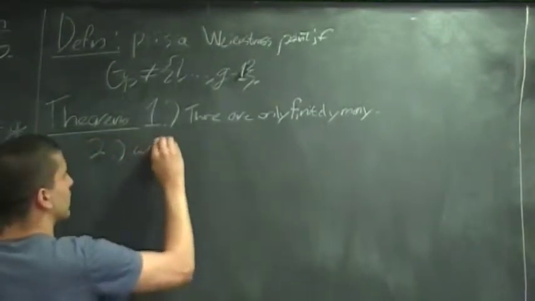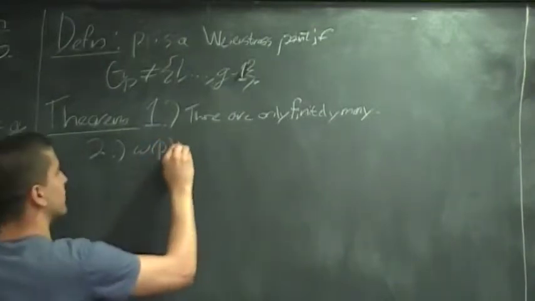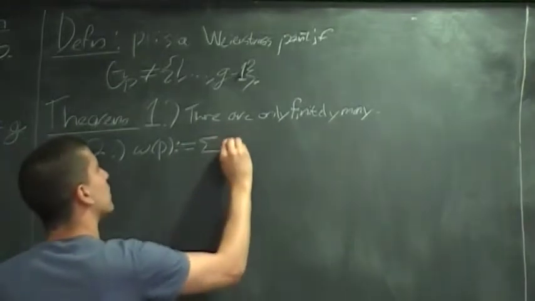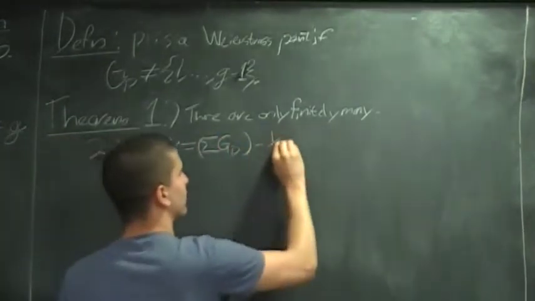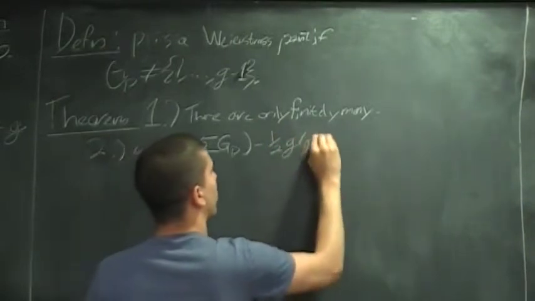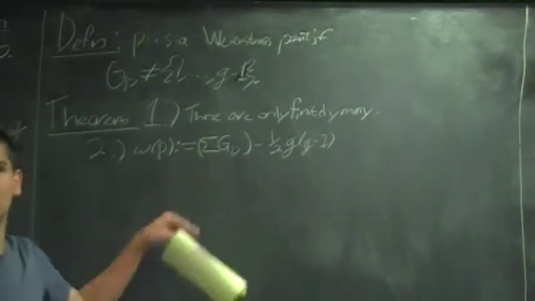So if we define W of P, this is called the Weierstrass weight, to be the sum of the gap sequence minus, we're just going to subtract off the smallest sum that this could possibly be.